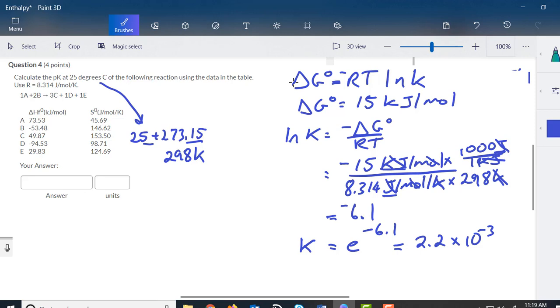And then we will take the pK, and the pK is the negative log of K, which is the negative log of 2.2 times 10 to the negative 3. I'm just going to check on this, make sure I've got the right answer here.